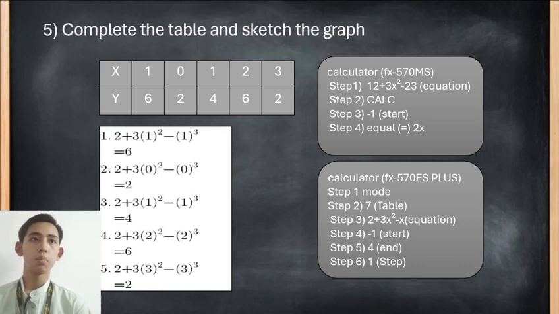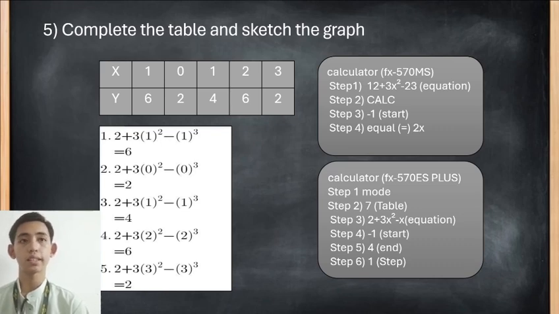Step number 3, press the first number, range x is negative 1. Step number 4, press the equal button. We will get the first plot of y.